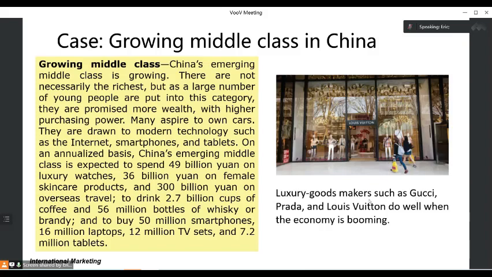They want to export their products to China: Gucci, Prada, LV, Chanel, a lot of brands want to export their products to China and open exclusive shops in China. Okay, so this is just because of the circumstance, the growing middle class in China.